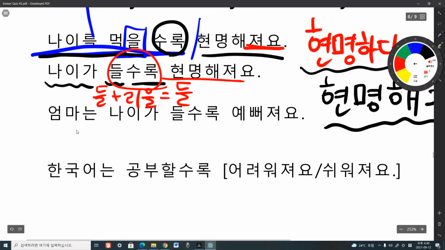그 다음에 엄마는 나이가 들수록 예뻐져요. You guys can guess what this means, right? 나이가 들수록, we just learned this expression.